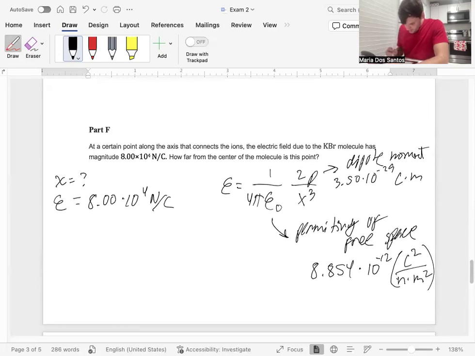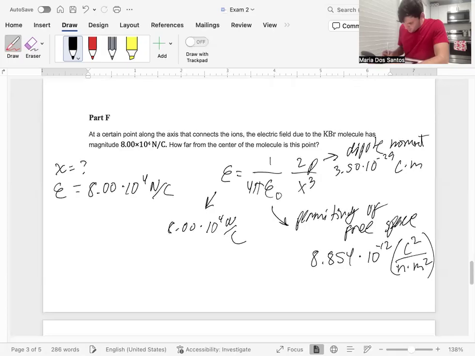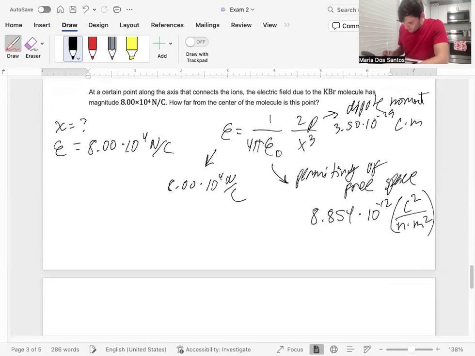Okay, we have the electric field given to us. And I believe that's all we need to solve this one. We are going to rearrange.